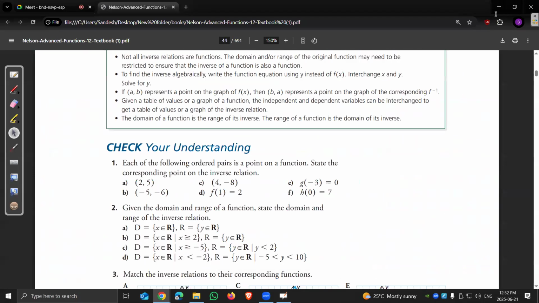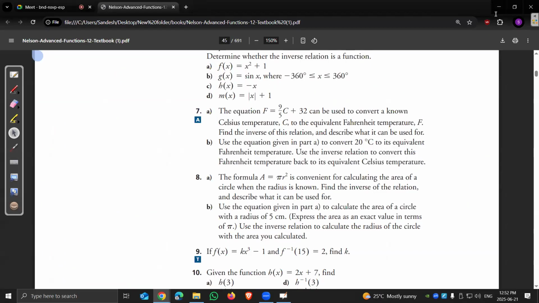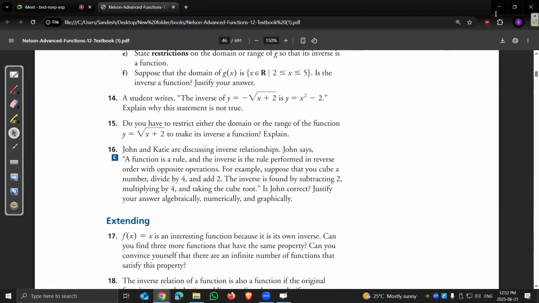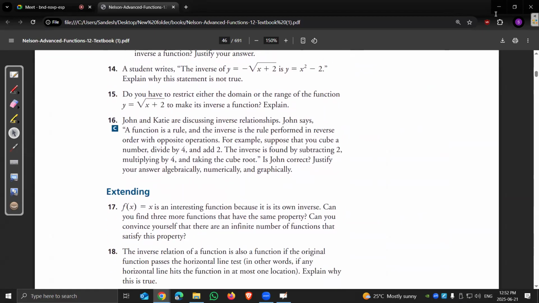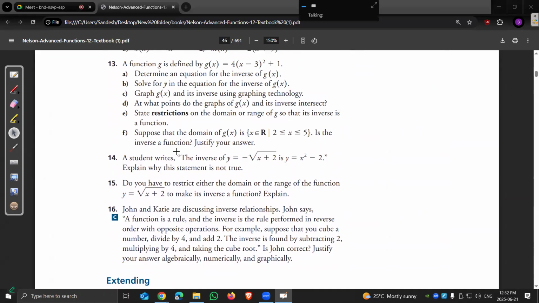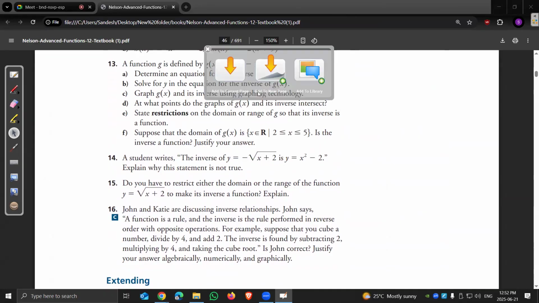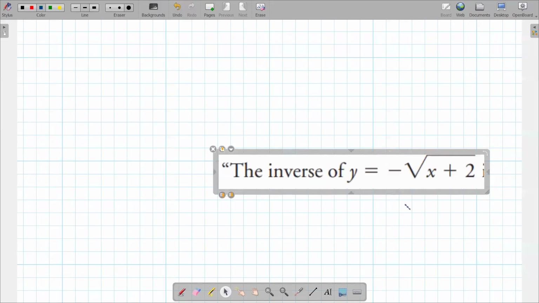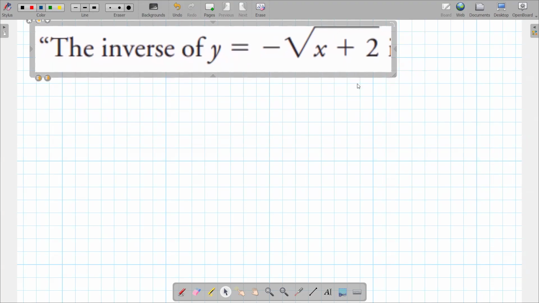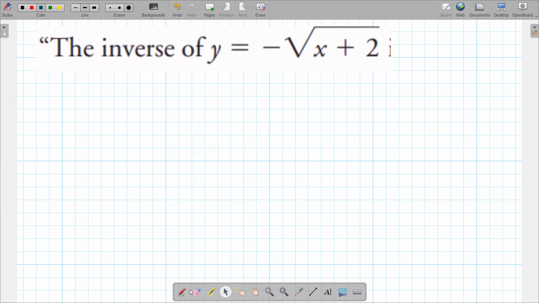Let's see what else we can do for the last few minutes. Okay. Let's try this one. We're given this function, y is equal to negative root x plus 2.